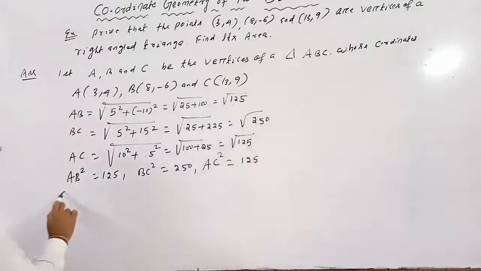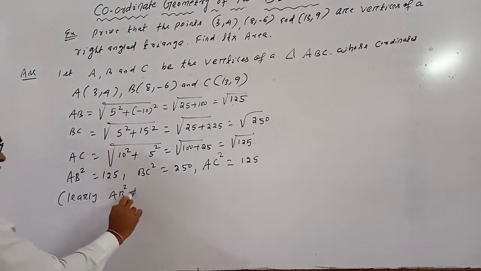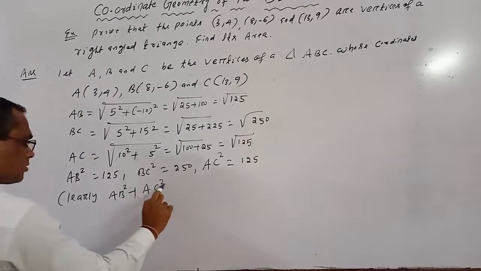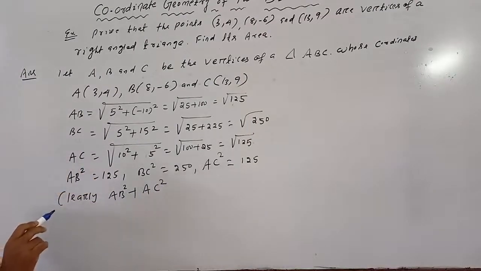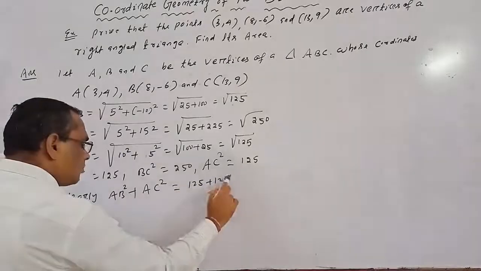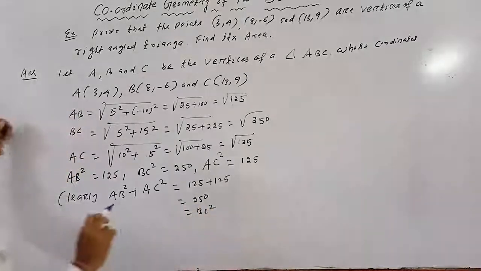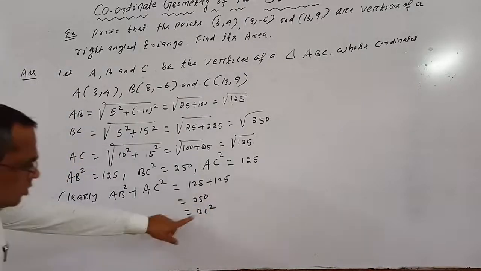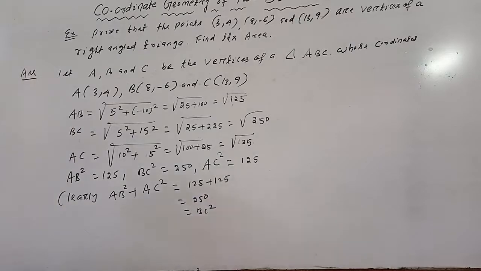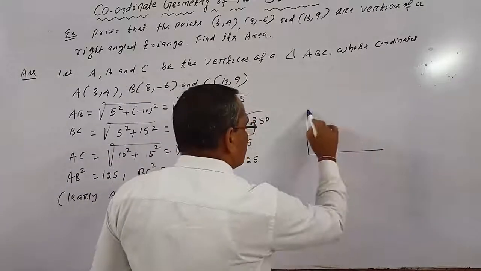So clearly AB square plus AC square equals 125 plus 125, which is equal to 250, and 250 equals BC square. So BC is the hypotenuse, and one side is the length, one side is the base, and the other side is the perpendicular.